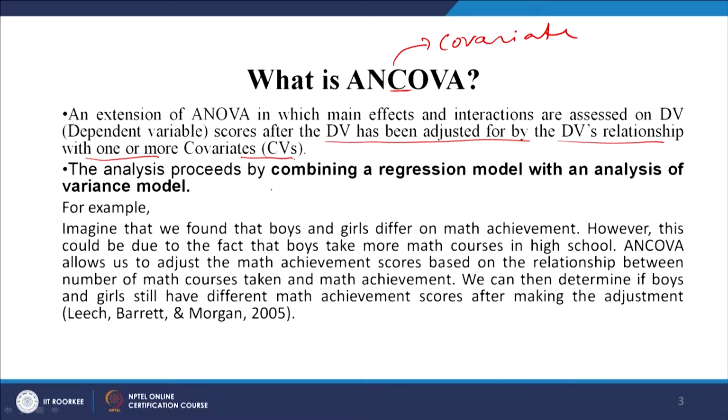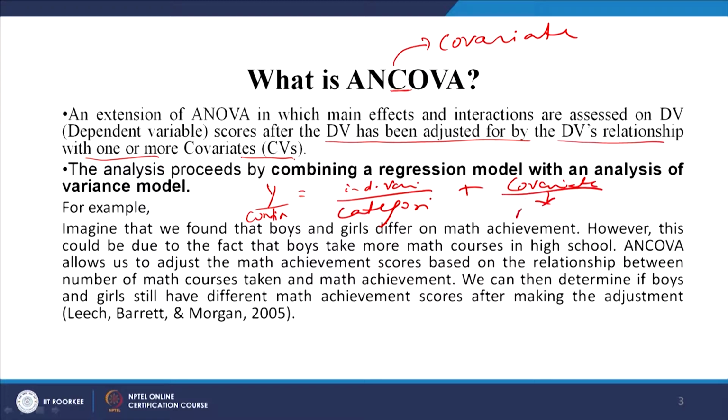That means, if you remember in the ANOVA, what we said was that y, my dependent variable, is measured in a continuous manner or metric scale, and my independent variable is categorical. But now, since there is the presence of a covariate, another independent variable, why is it called a covariate?